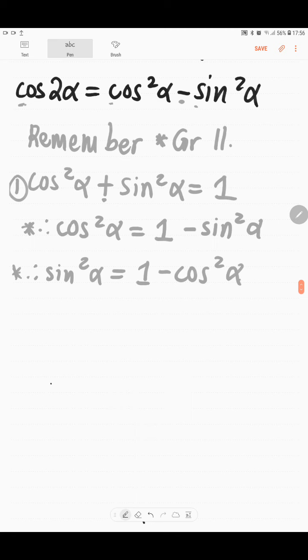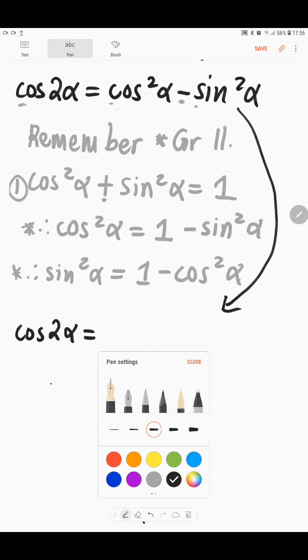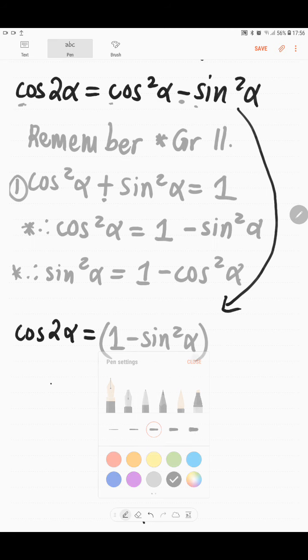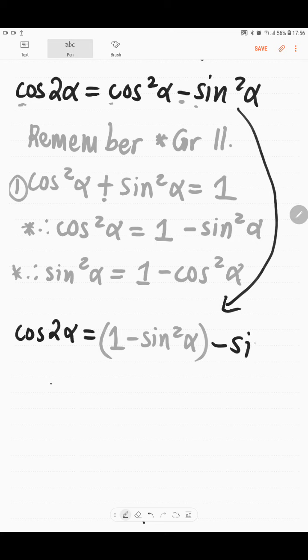So we take back that formula to here. We will say cos 2 alpha is equal to, so now in place of cos squared alpha, we would have 1 minus sin squared alpha, and then we would put this in brackets and say it's minus sin squared alpha.